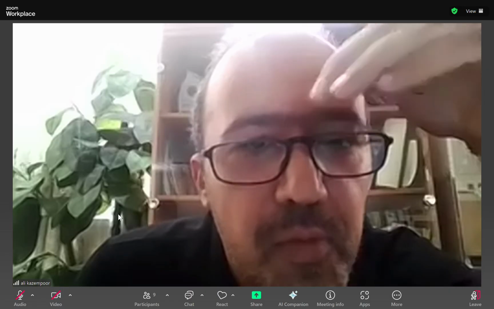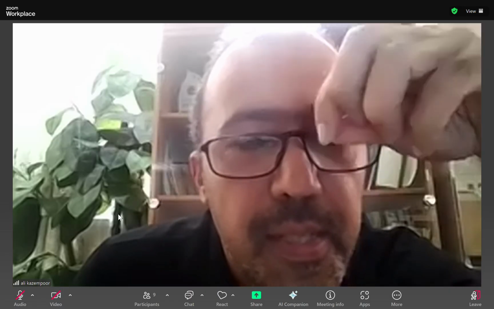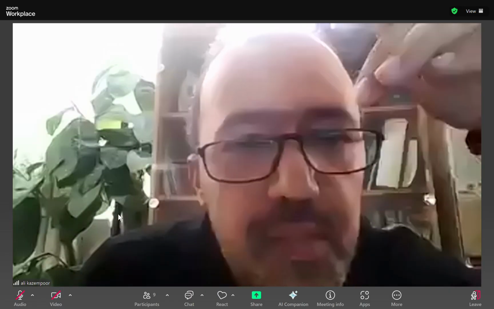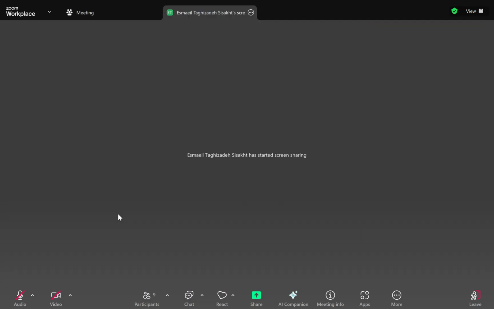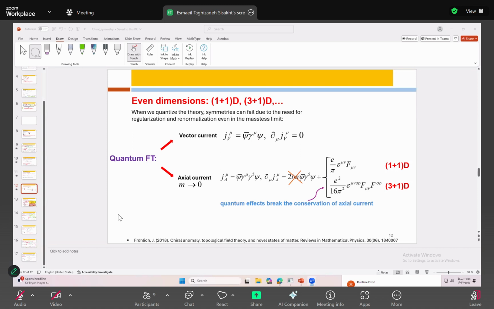As far as I remember, the Octopus code can separately calculate the expectation value of momentum and angular momentum. Can I separately multiply these two to get helicity, or not? Very good question. Ismail, can you answer Ali's question?